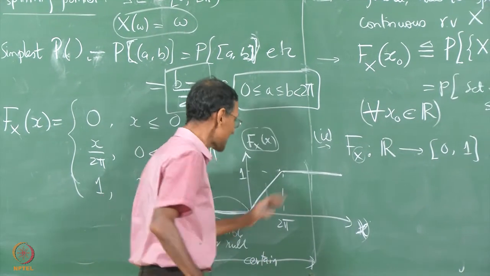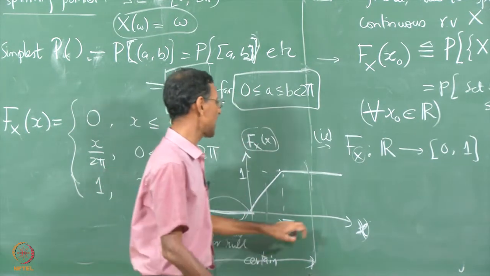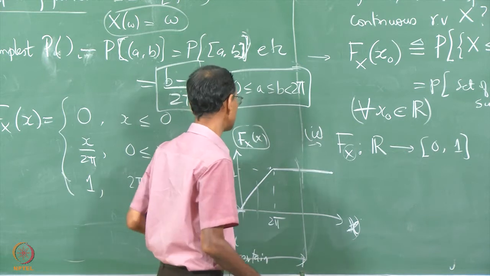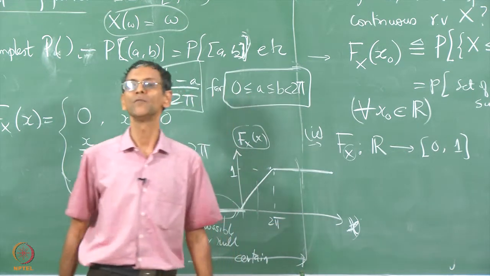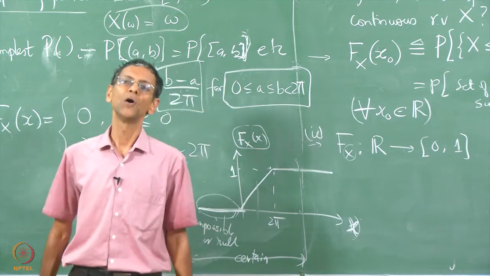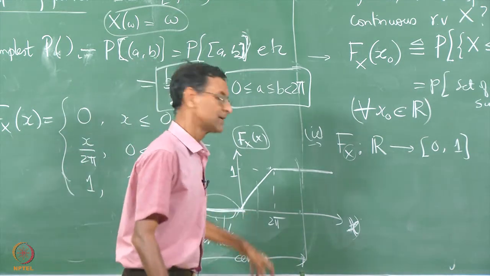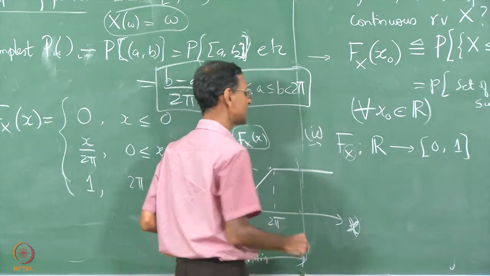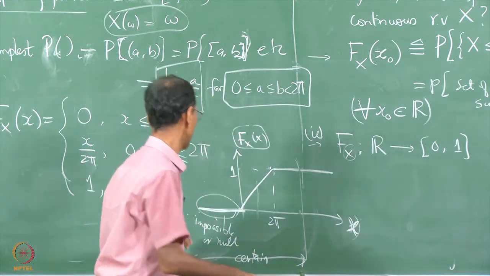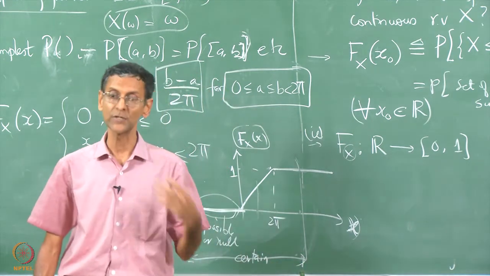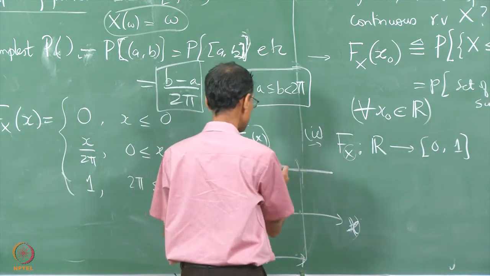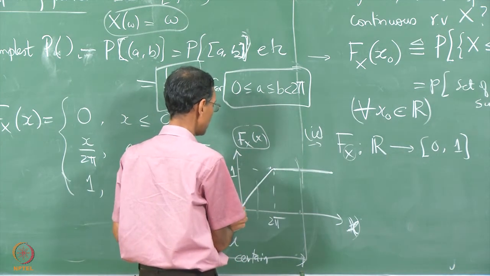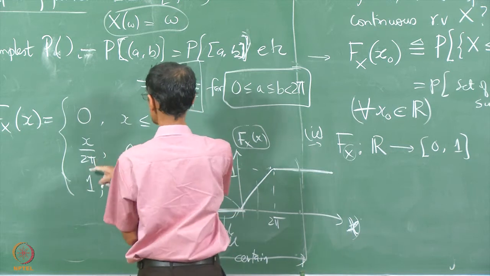In other words, it is certain that the pointer value will be between minus infinity and 10, for example, if this number is 10 or 9, because 2 pi, as you all know, is 6.28 or whatever it is, and therefore for any number bigger than that, the probability of the interval from minus infinity up to that is always unity. So, it becomes a certain event once you go beyond 2 pi, and an impossible event if the upper limit, this x here, is below 0.